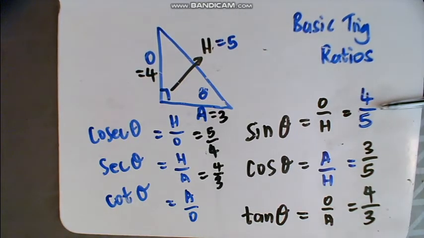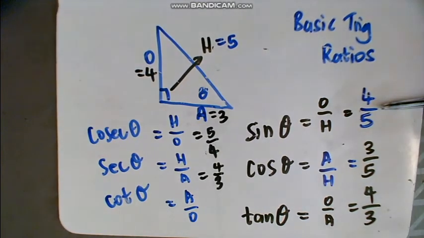See if you can do cot theta. And cot theta will be 4 over 3. Do you think that's correct? 4 over 3? No, incorrect. 3 over 4. So all they want you to do mostly in an investigation is to substitute the sides and to know what the trig ratios are.